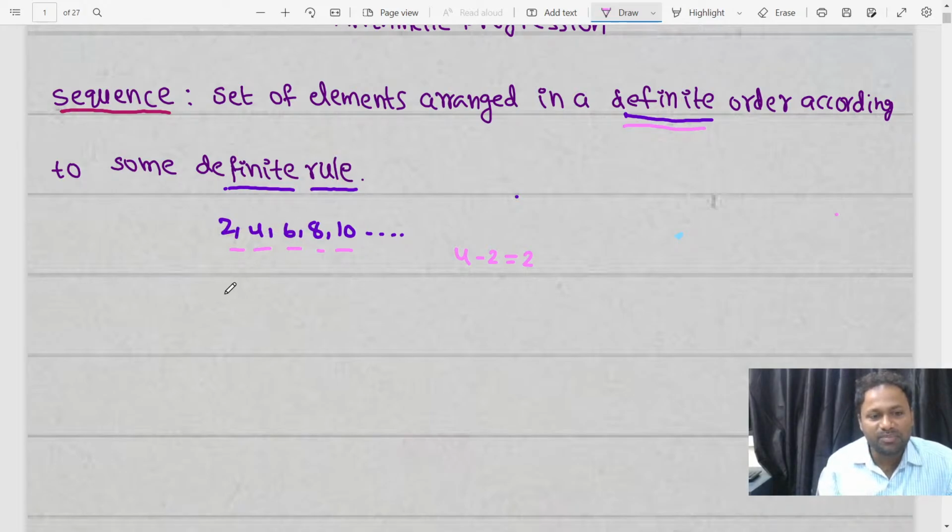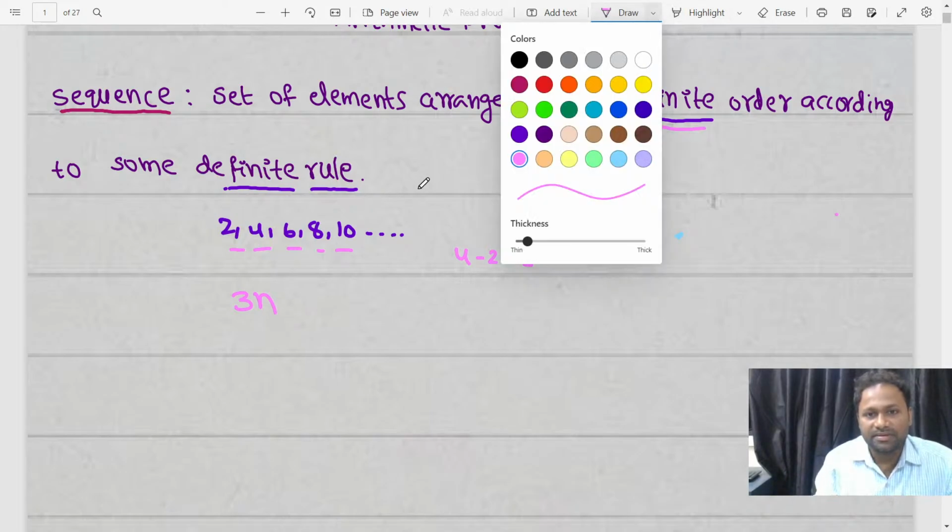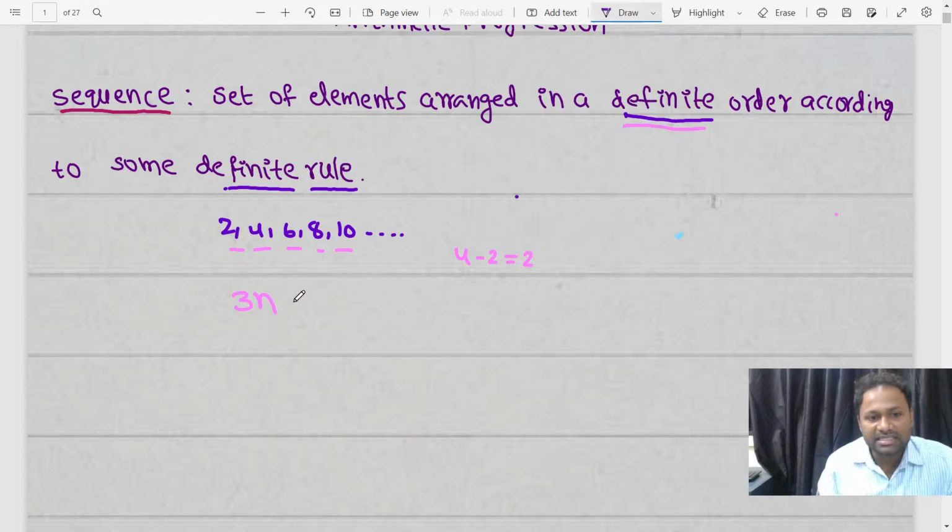For example, I will take 3n, where n belongs to capital N.